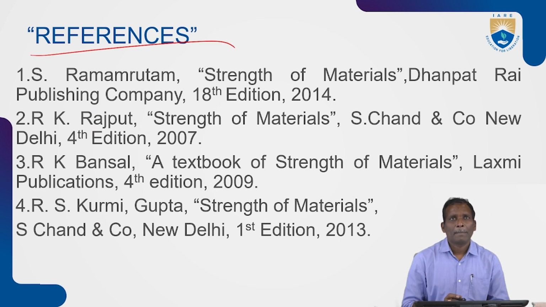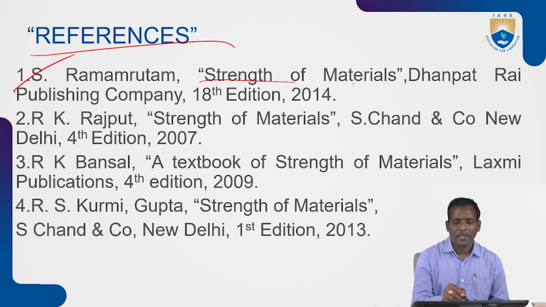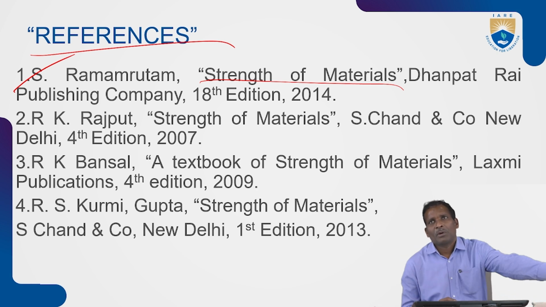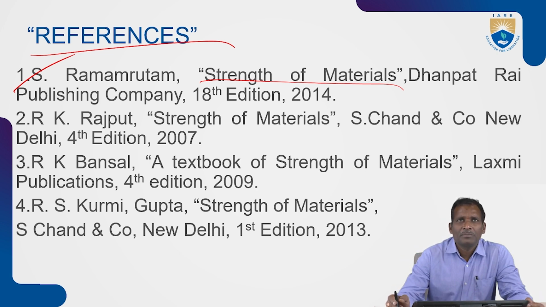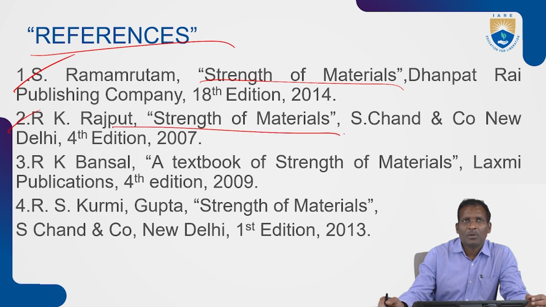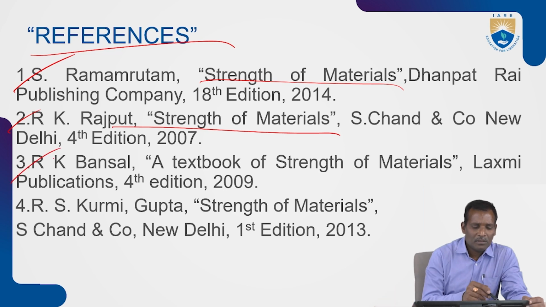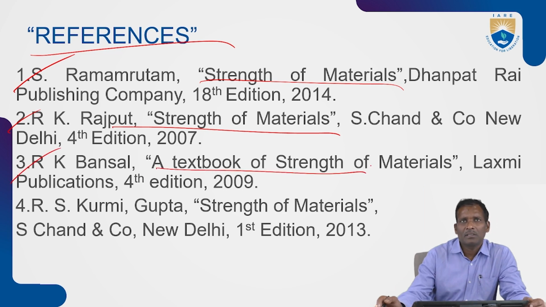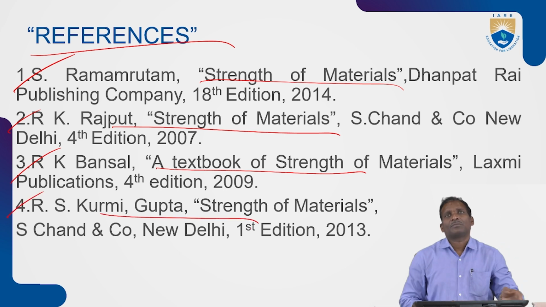And then the references are S. Ramamrutham, the title of the book is Strength of Materials, and publishers are Dhanpat Rai Publishing Company; then R.K. Rajput, Strength of Materials, S. Chand and Co. Publishers; and R.K. Bansal, the textbook Strength of Materials; and R.S. Khurmi and Gupta, the title of the book is Strength of Materials.